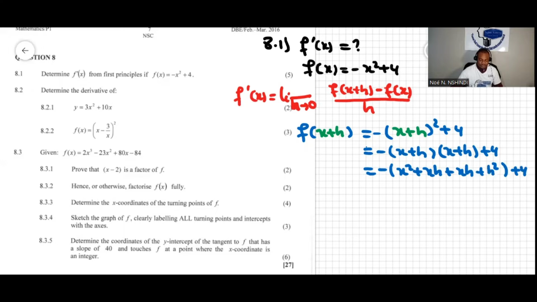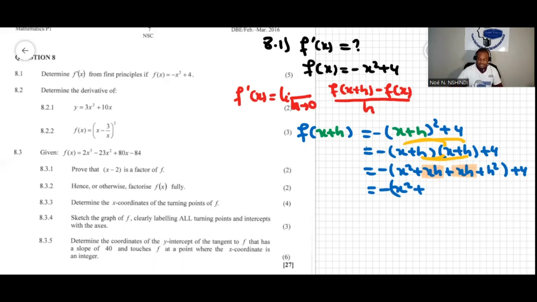How do I get these values? It's when I do x times x, and then x times h, and then h times x, and then h times h. Remember we have a negative sign. Before I even work this out, let's simplify, because over here we have xh and then xh.